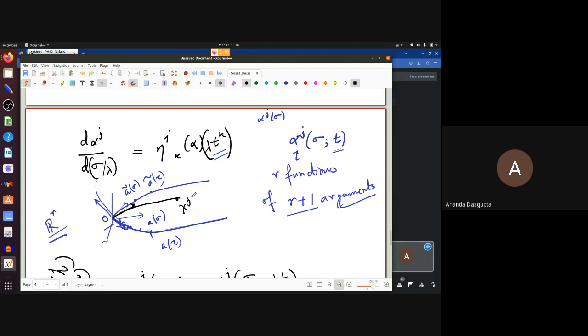So chi j of sigma t, where sigma is the parameter: if sigma equals 1, then chi j of t is going to be alpha j. For every group element in the neighborhood of the identity, I should be able to find some tangent which gives a curve going to the point, and then I can rescale the tangent if needed to ensure that it goes to the point at sigma equal to 1.